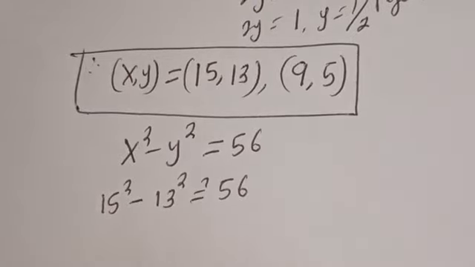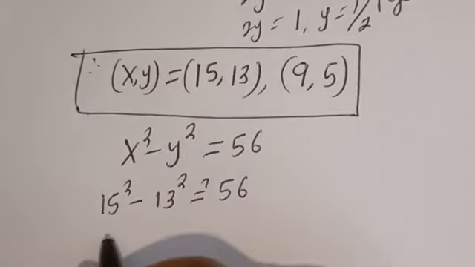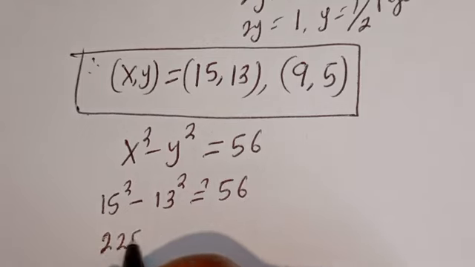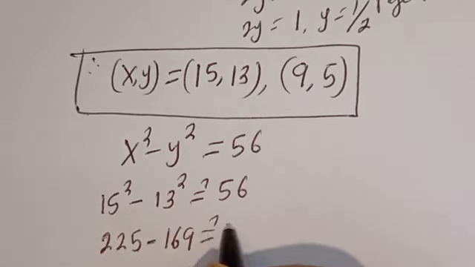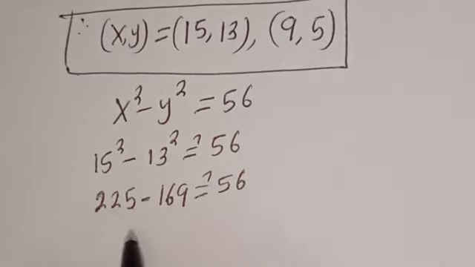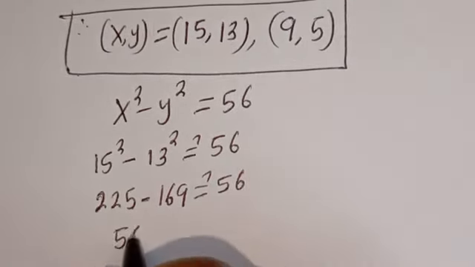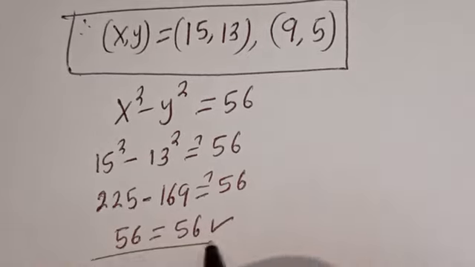Then 15 squared is 225 minus 13 squared, 169, must be equal to 56. If you subtract 169 from 225, we have 56 is equal to 56, which is true.